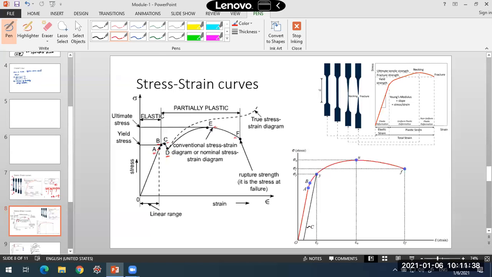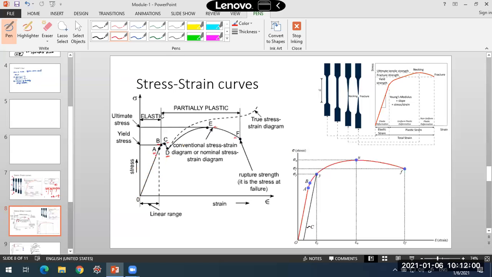This is the point where the linear relationship between stress and strain will end. Beyond this point, stress will not vary linearly with the strain. Within this point, with increasing strain, stress will also increase linearly. That is, this is a straight line here.